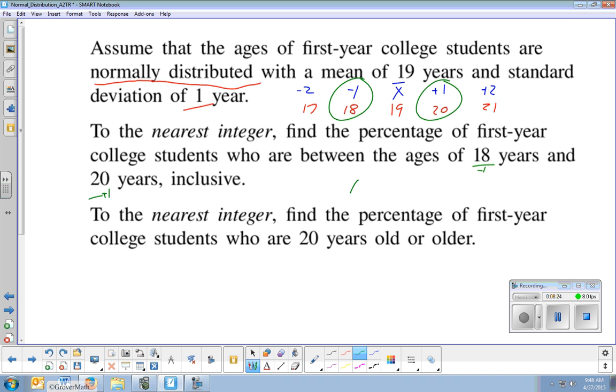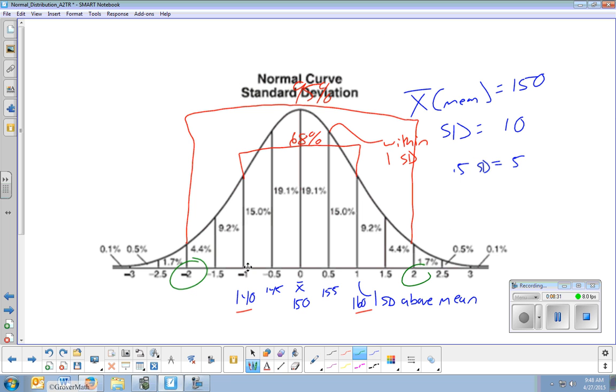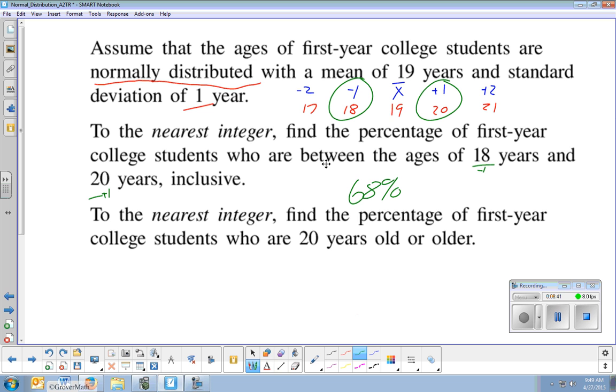The answer is 68%, because that's within one standard deviation. Between negative 1 and positive 1, if you add these up, you get 68%. That's what they're asking for.